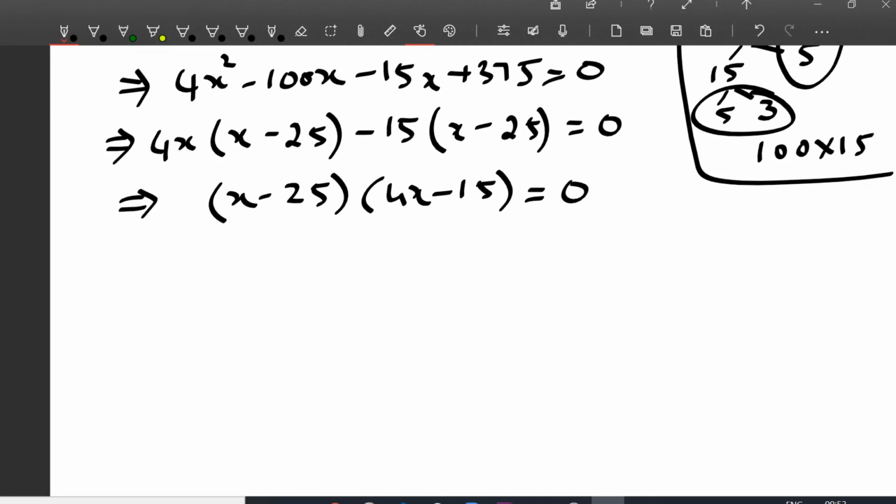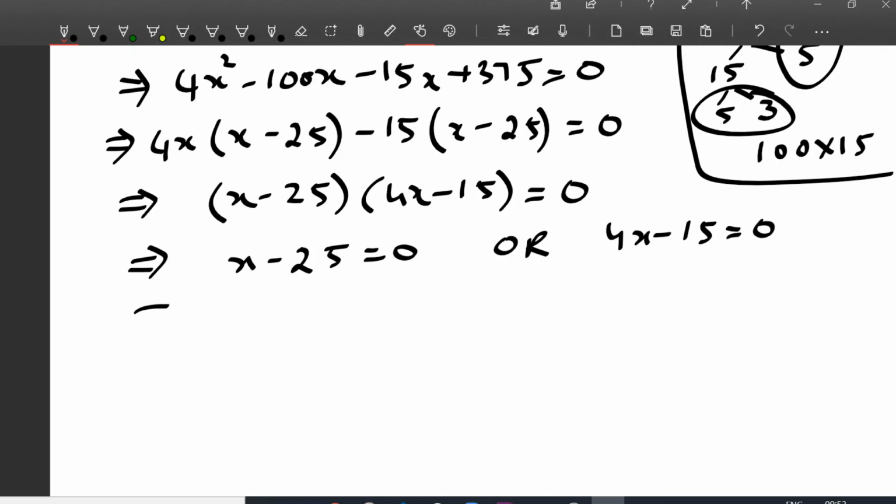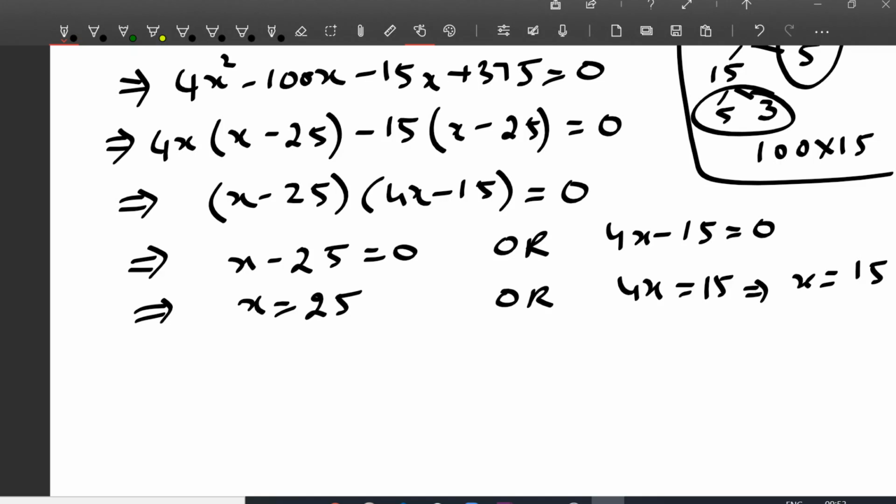So when you equate one by one, x minus 25 will be equal to 0, or 4x minus 15 will be equal to 0. So when you take 25 to the other side, it becomes x is equal to 25, or 4x is equal to 15, and x will become 15 by 4. So 15 by 4 approximately is 3 point something.